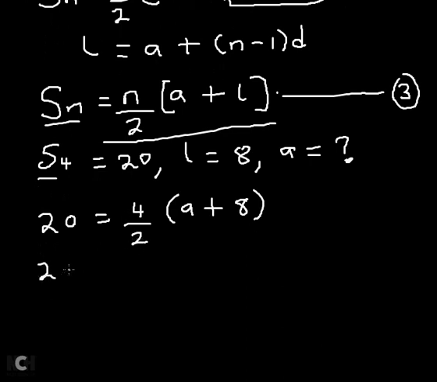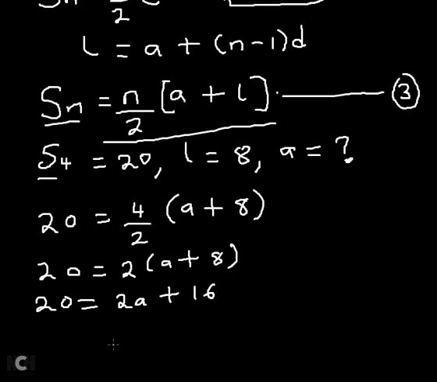So I'm having 20 equal to 2, open the bracket, a plus 8. 2 times a is 2a, then plus 2 times 8, that gives me 16. 2a now is going to be equal to 20 minus 16, which is 4. So a is going to be equal to 4 over 2, which is equal to 2.